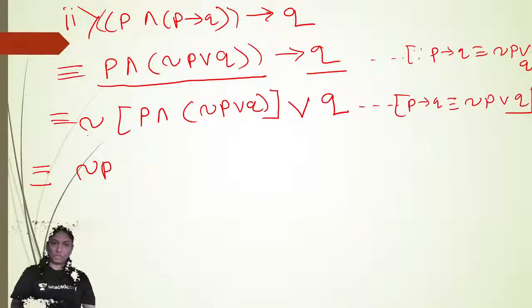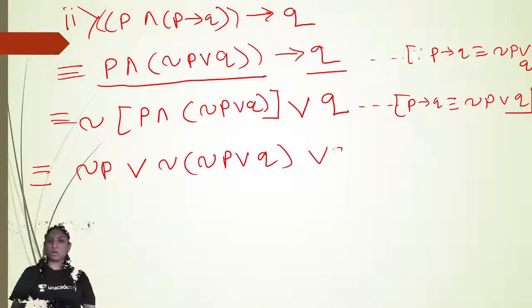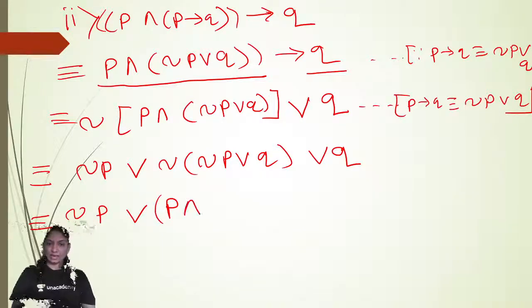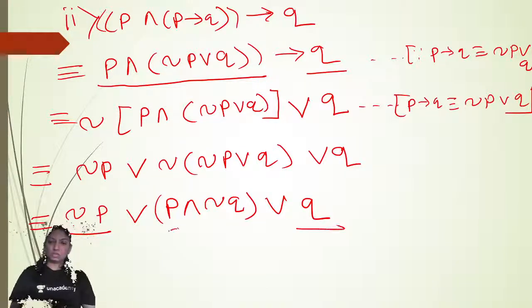Negation of and is or, negation of P or Q or Q. Right? So here negation of P or negation of P is P, and negation of and or is and, negation of Q or Q. Now if you observe, this is a disjunction of fundamental conjunctions. Okay, so this is your DNF.